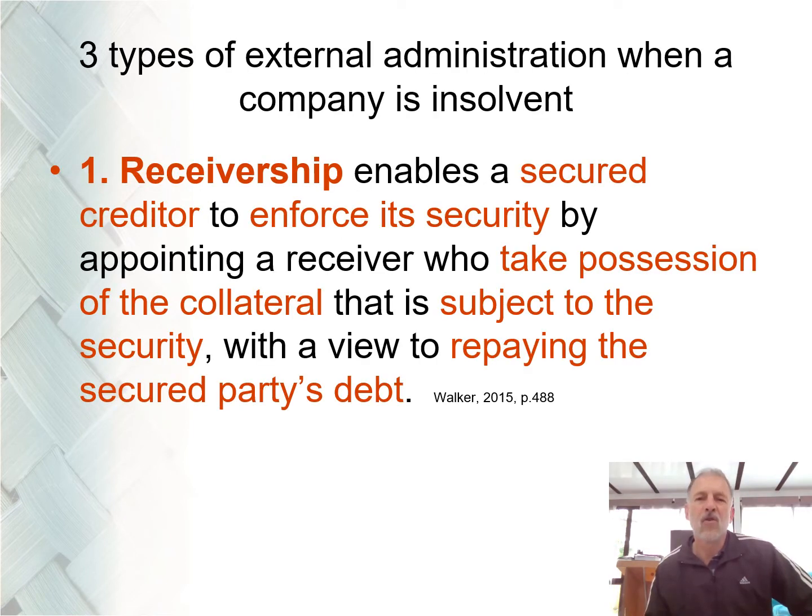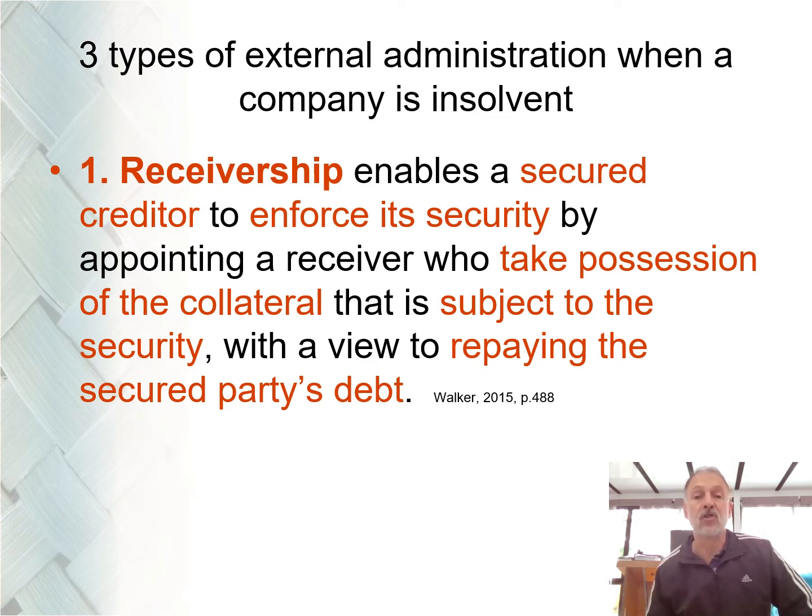The internal control of a company simply means that it can basically function independently. In other words, the company can manage itself, making use of its own organs. But when there's external administration, people, then bodies from outside will come and basically take over the control of this company. And one example is, say for example, receivership.